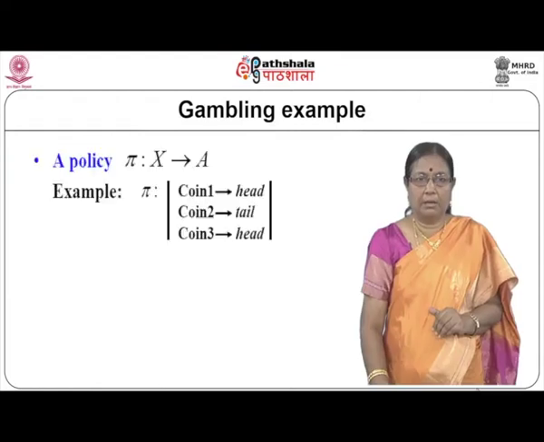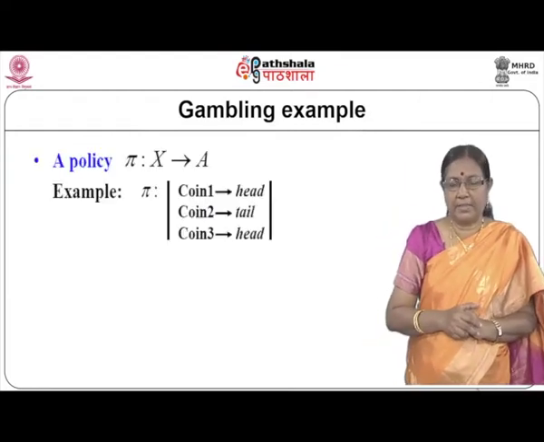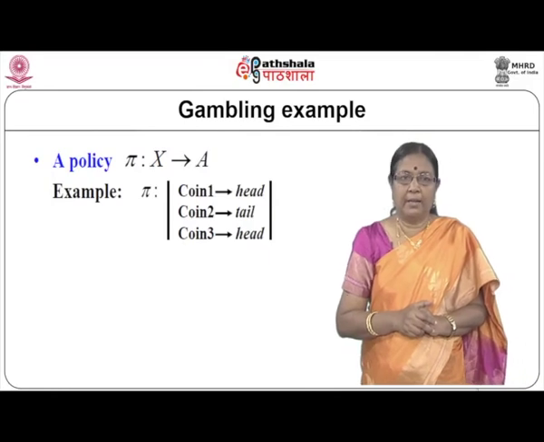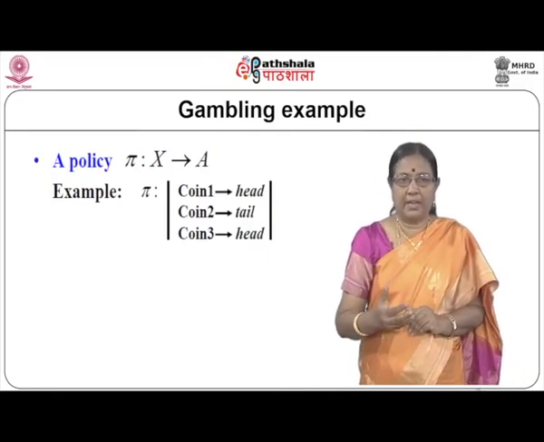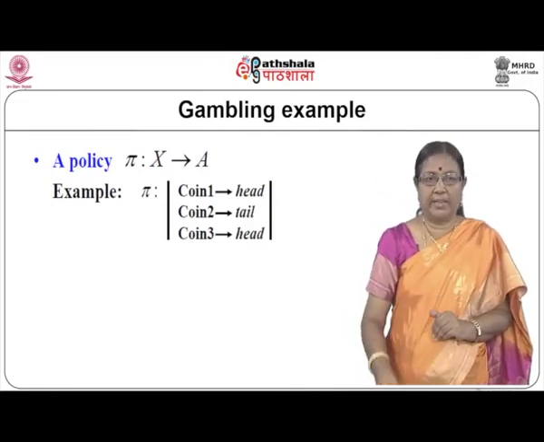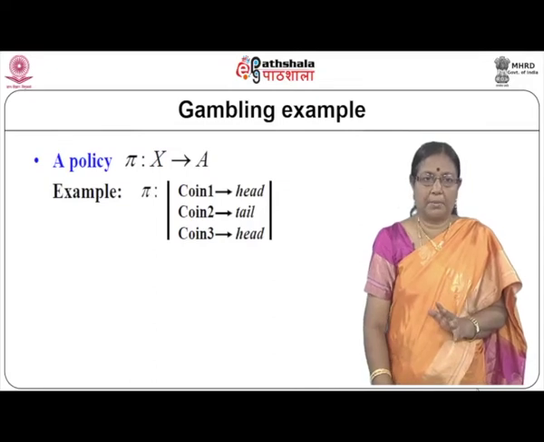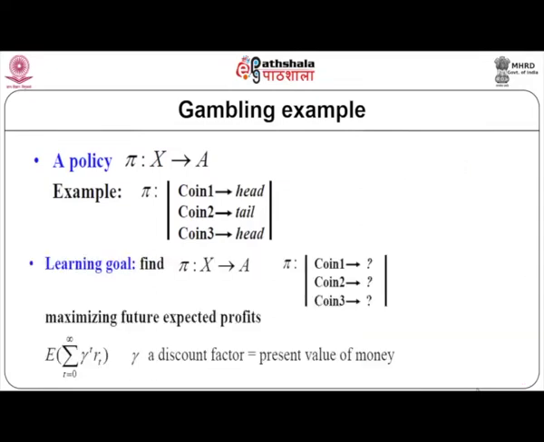Now, I have a policy of going from X to A. For example, coin 1 head, coin 2 tail, coin 3 head. The learning goal is to find a policy, such that for coin 1, coin 2 and coin 3 it maximizes future expected profits, that is what I want. That means I need to get the maximum profit.